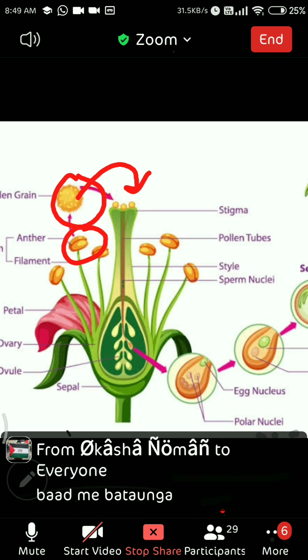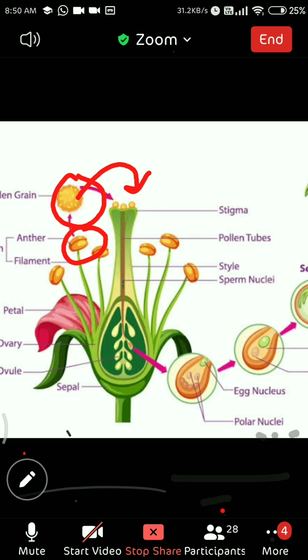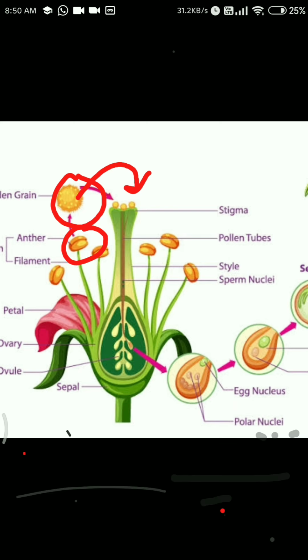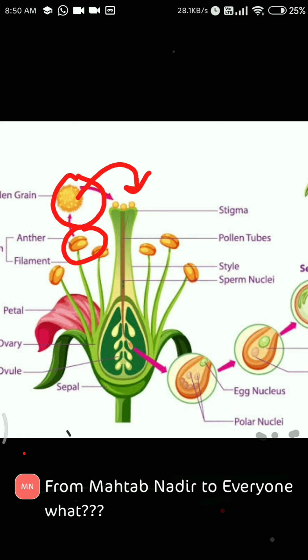For this transfer, the plant needs some agents, because we know that a plant cannot move from one place to another, so they need agents to transfer their pollen grain. There are agents like wind, water, and animals.